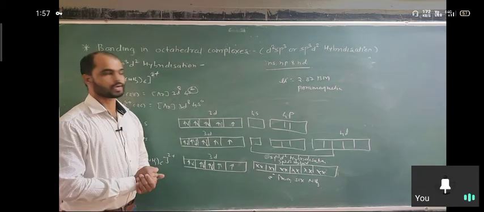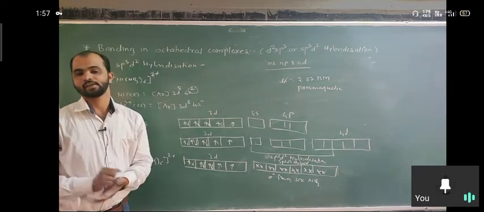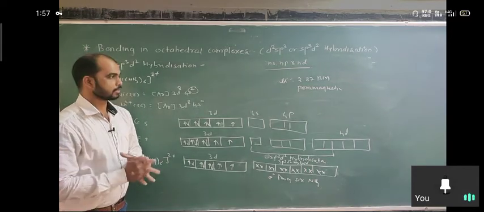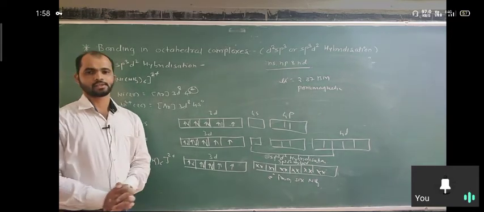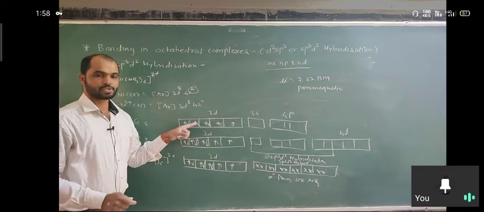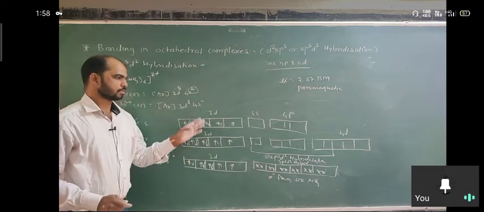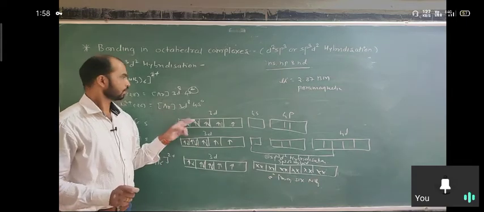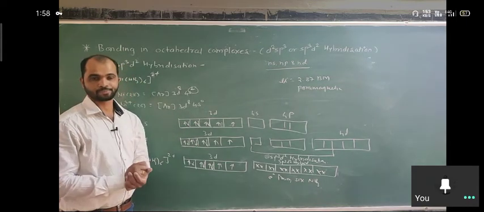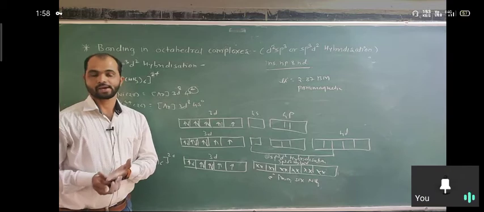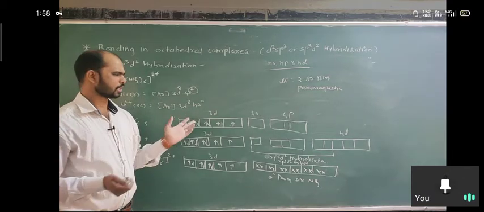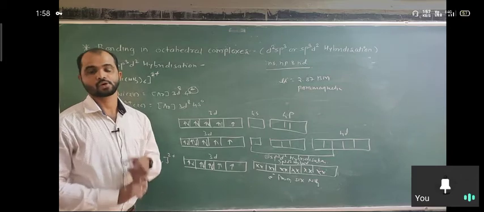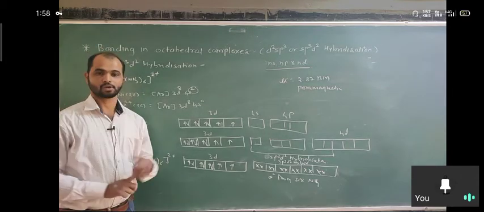So write all the examples given in the book in detail, explain them in your own words and try to understand; it is very easy. At this step you decide whether the complex is outer or inner. The key point is to look at the ligand. Halides are weak ligands and mostly do not pair up electrons, but NH3, CN and CO are strong ligands which pair up the orbitals.